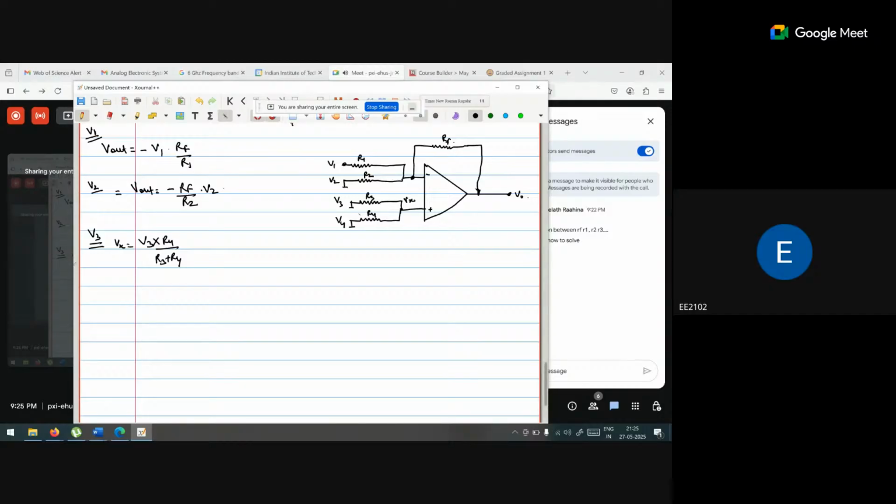So what is the V out? V out is 1 plus RF upon the parallel combination of these two input resistors, R1 parallel with R2, multiplied by Vx.